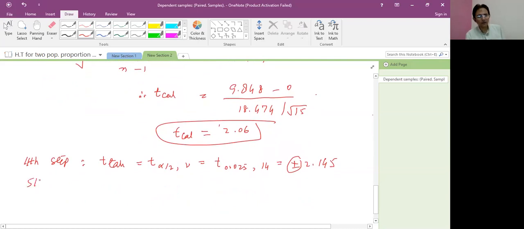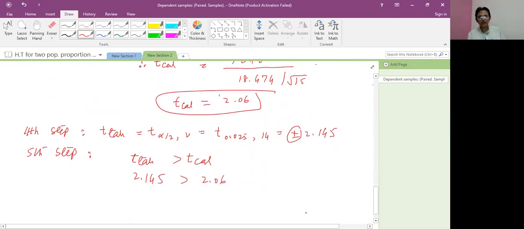So now the fifth step is, student, which one is greater? The t calculated value is 2.06, but the t tabulated value is 2.145. So the t tabulated value is greater than the t calculated value. So 2.145 is greater than 2.06.